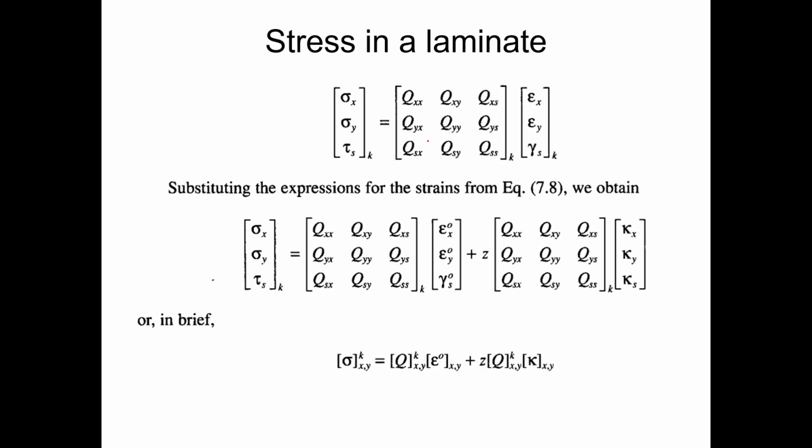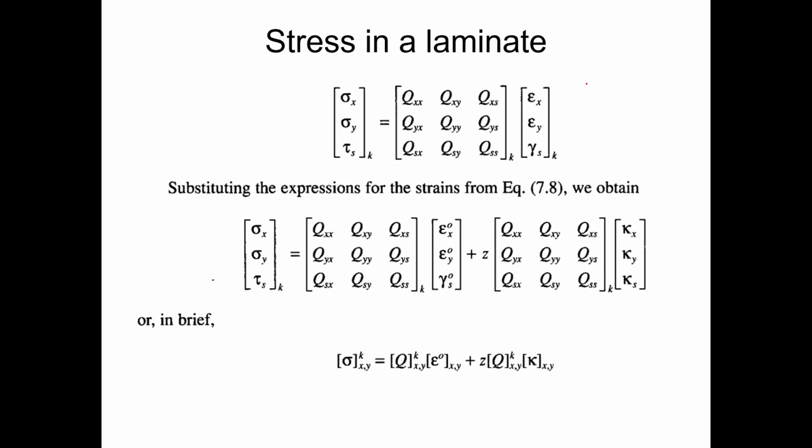And if you want to know more about this relationship, like the stress in a laminate, you can see sigma x, sigma y, tau s. You can expand that stiffness matrix by these equations at a certain layer. Before we called j, here k, essentially the same thing. And then we basically substitute the expressions for the strains.